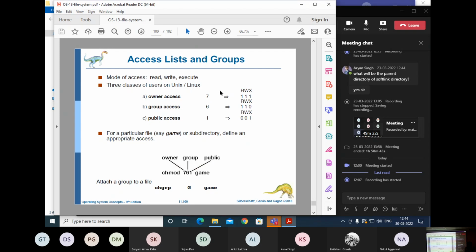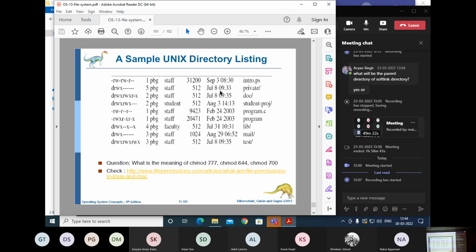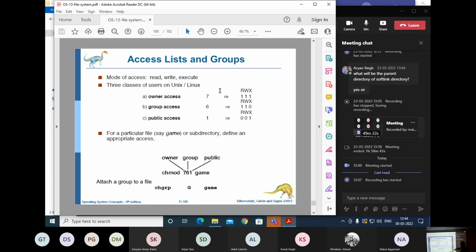If you do an ls minus l, then you would actually see these bits there, like RWX. So you just append them: first owner, then group, then public. What should the owner do? It can read, write, and execute. Group can read and write, but not execute. Public cannot read, cannot write, cannot execute. A sample policy that you can specify.